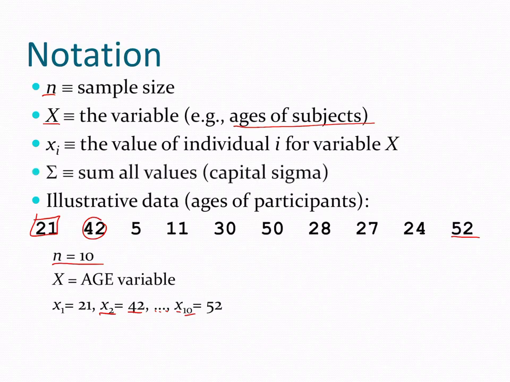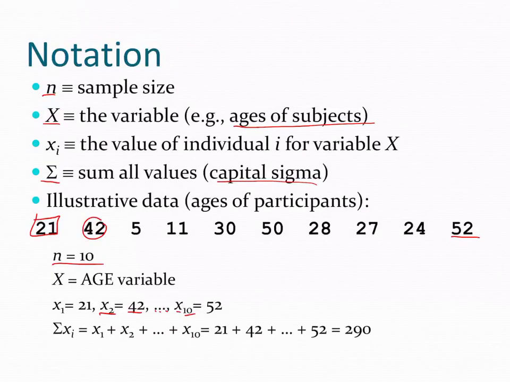Next, we have capital sigma, denoted by this Greek letter, which looks like an E. Capital sigma is the sum of all values. So anytime you see the Greek letter capital sigma, it's the sum of all values.